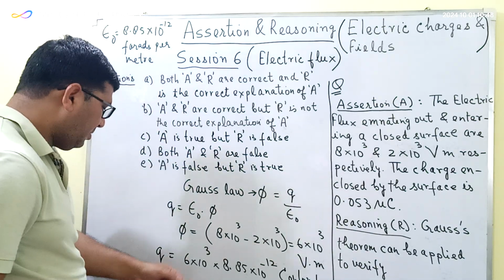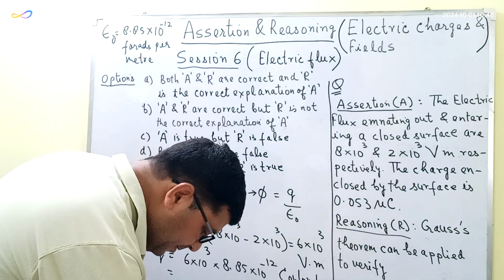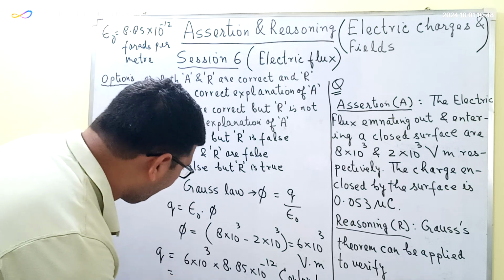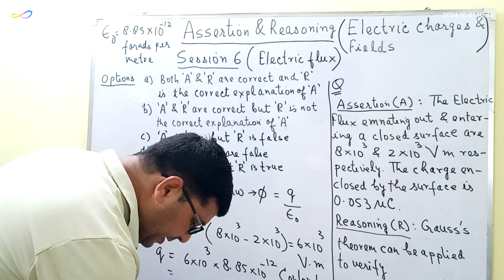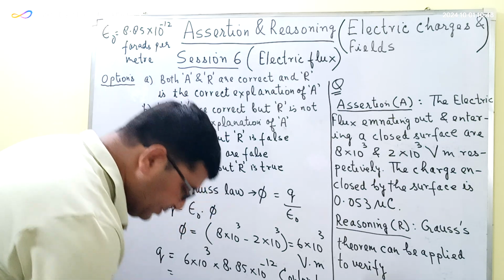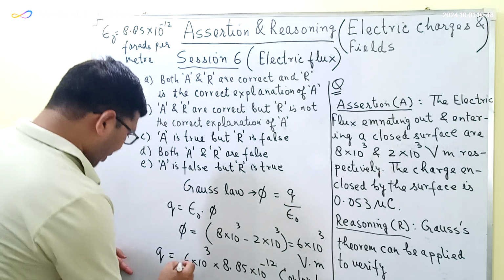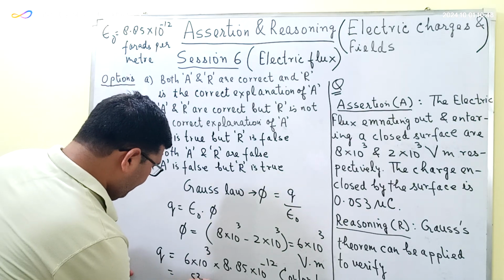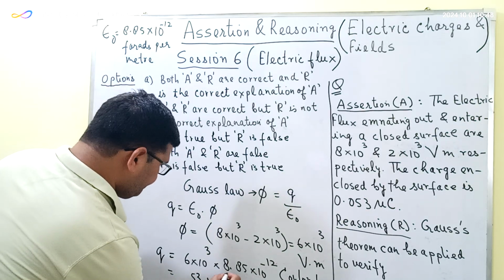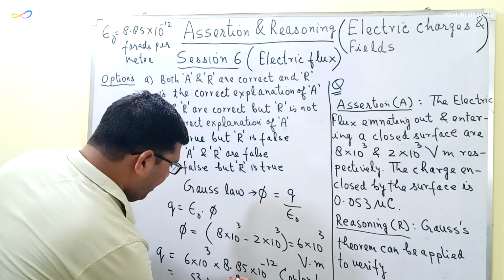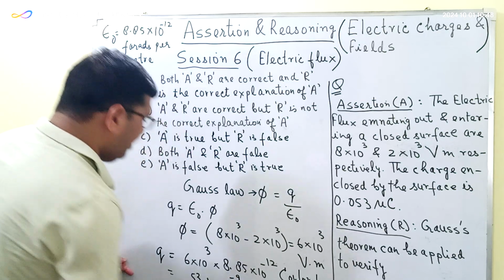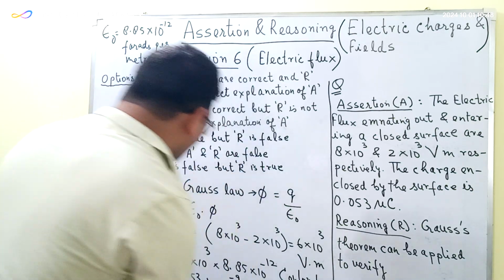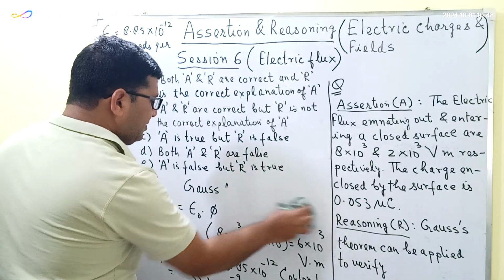So if I multiply 8.85 into 6, this is equal to 53.1 into 10 to the power minus 9 coulomb. So this is the value of the charge which is enclosed by this closed surface.